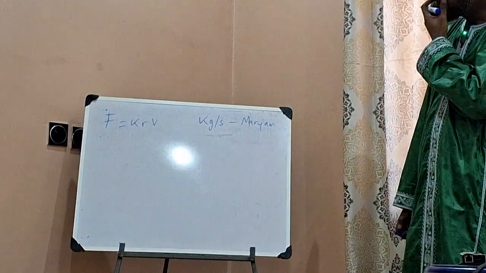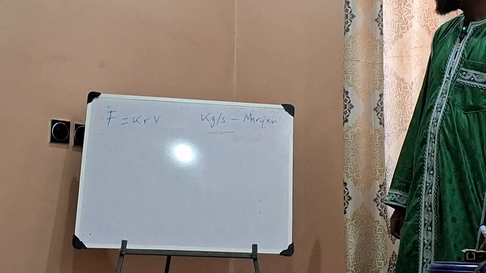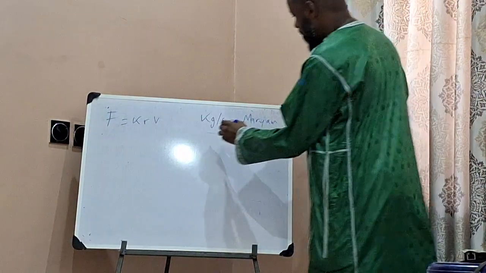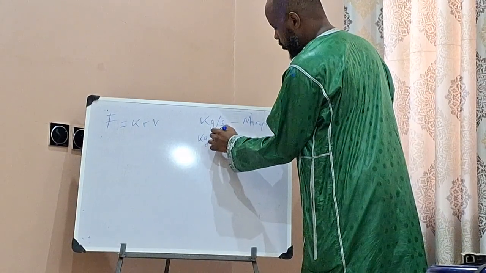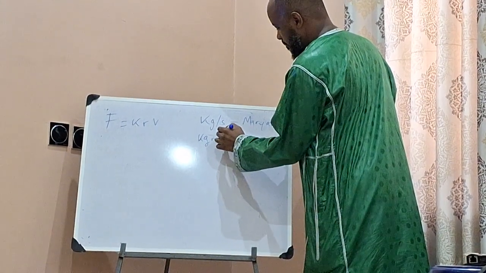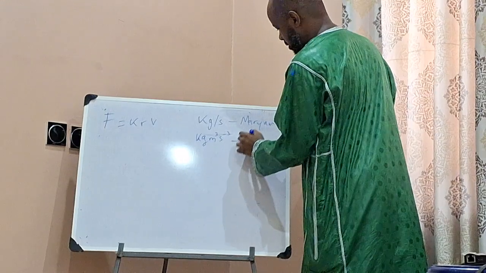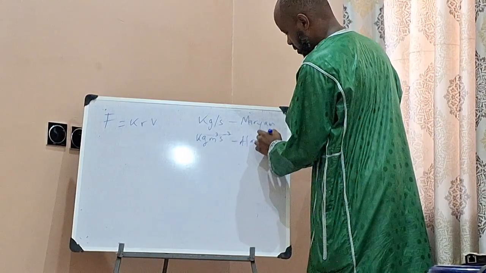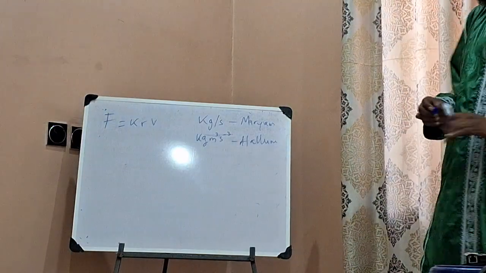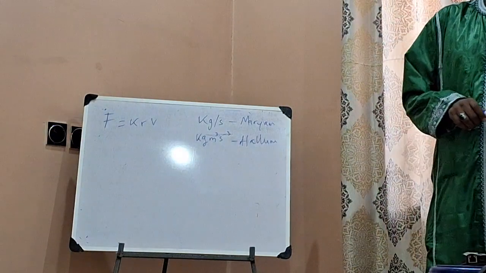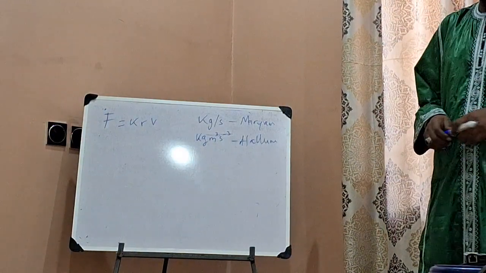Another answer: kilogram meters cubed per second cubed. Right? Now, let me work out my own and see which one is correct.